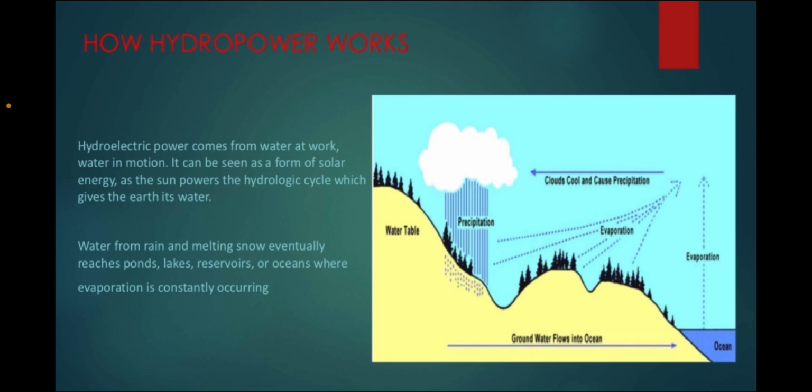Hydroelectric power comes from water at work, water in motion. It can be seen as a form of solar energy, as the sun powers the hydraulic cycle which gives the earth its water. Water from rain and melting snow eventually reaches ponds, lakes, reservoirs, or oceans where evaporation is constantly occurring.